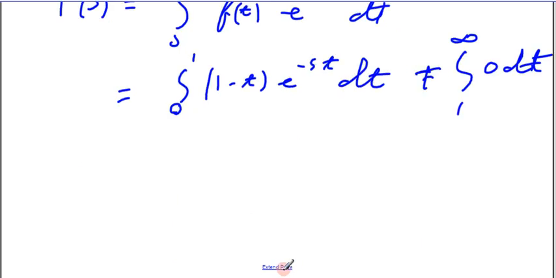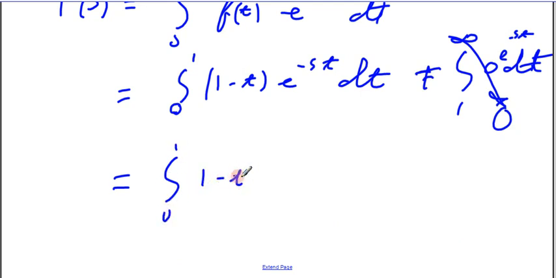One might say 0 e to the minus st dt. That might be a constant, but we're just going to call it 0. So this guy's going to be 0. And all we really care about is the integral from 0 to 1 of 1 minus t e to the minus st dt.